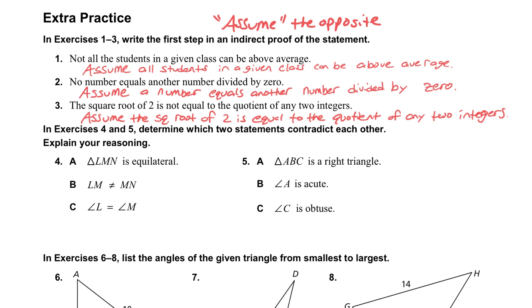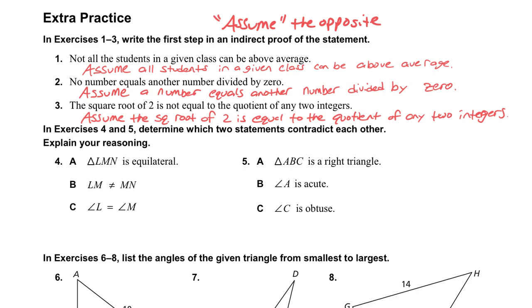Any other number that doesn't fall in that category is a rational number, which you can write as some type of ratio or a fraction. It just so happens the square root of 2 we cannot write as one number divided by another. All right, so that is the first part of an indirect proof.